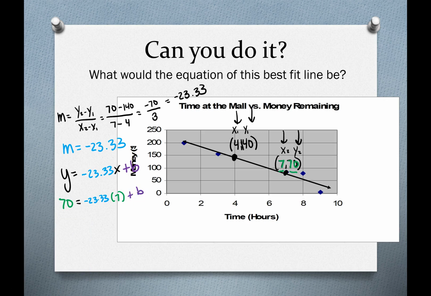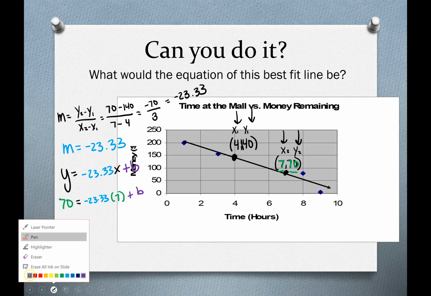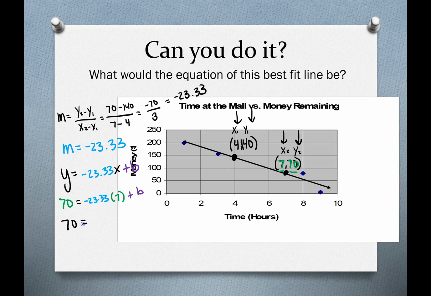All right. Now I'm going to multiply negative 23.33 times 7, and that's going to give me 70 equals negative 163.33 plus b. I'm really into colors today, I don't know why.